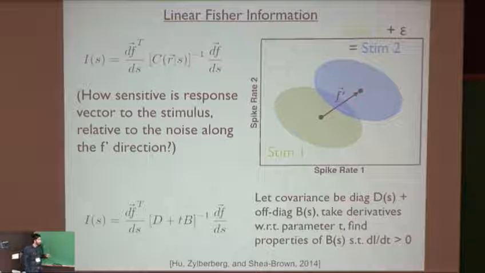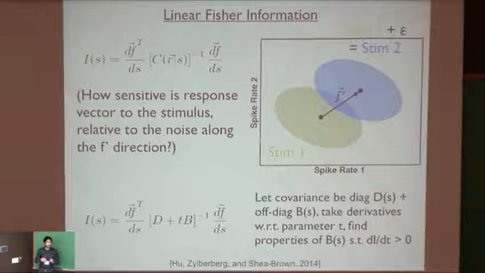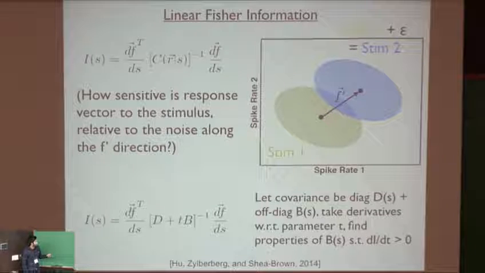We'll take derivatives of information with respect to t, in other words, take directional derivatives in the space of matrices of information with respect to those off-diagonals, and then ask what structures of this matrix B make that derivative positive. In other words, what types of off-diagonal elements, what types of correlation coefficients make for increasing information about the stimulus in the neural responses.